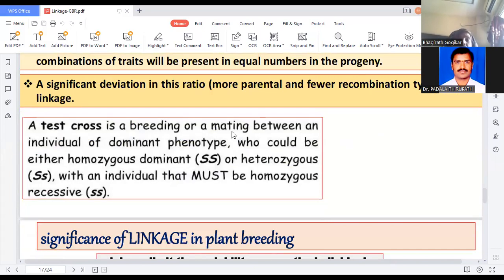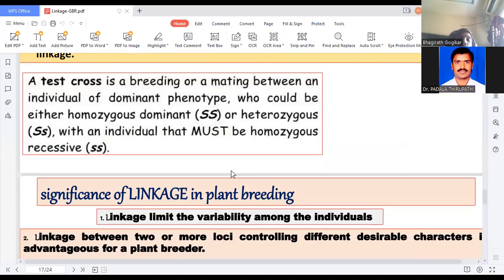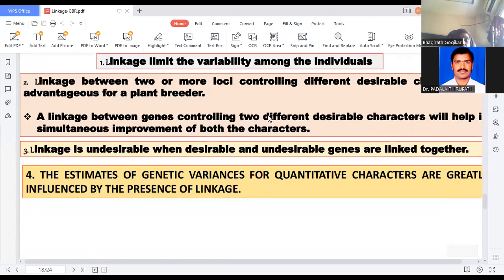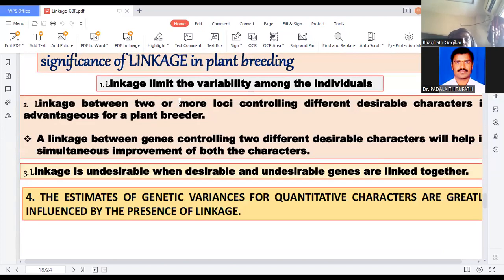A test cross is a mating between an individual of dominant phenotype, which could be either homozygous dominant or heterozygous, and an individual that must be homozygous recessive. We know the significance of linkage. Linkage strength is variable among individuals.